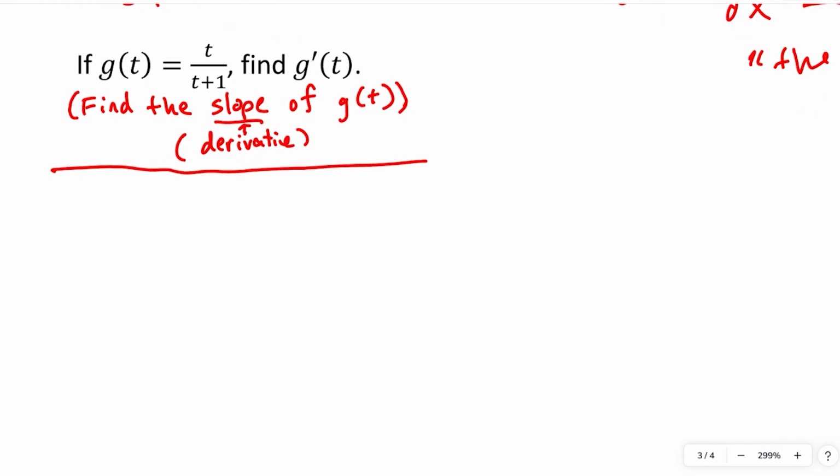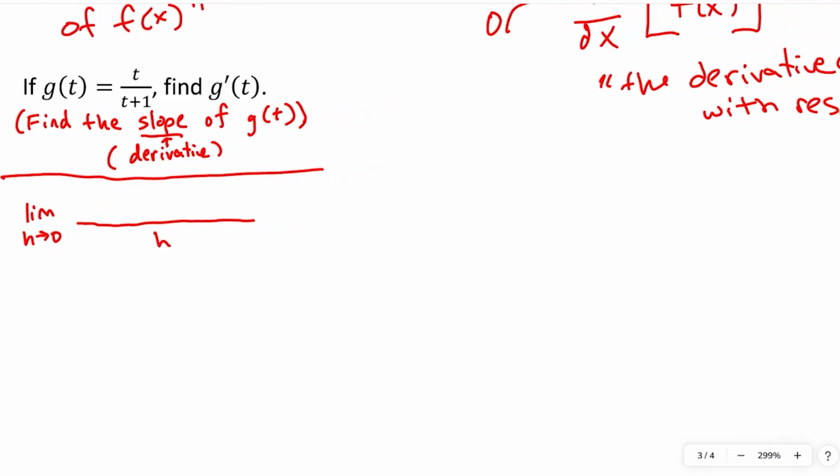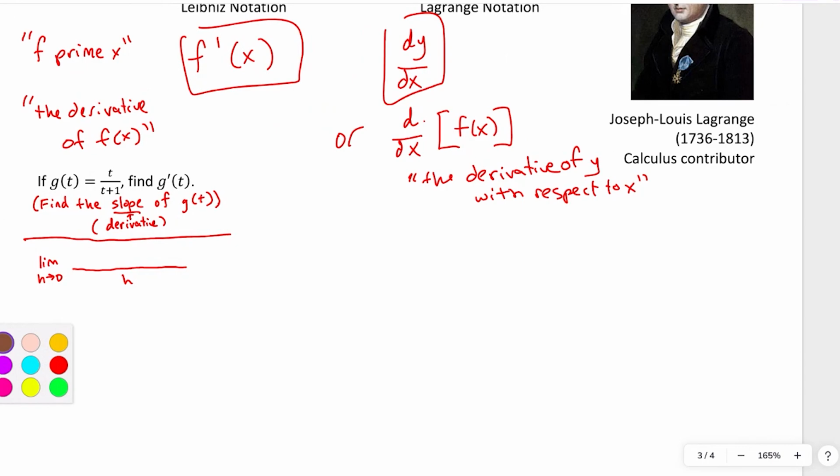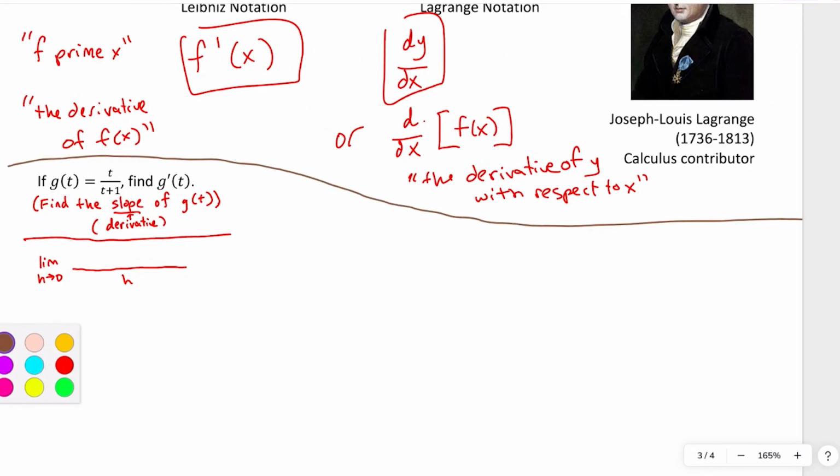Let's get started. The limit as h approaches 0 of something over h, right? And it's f of x plus h minus f of x. So in this case, we don't have f of x, we have g of t. Let's clean this up a little bit.